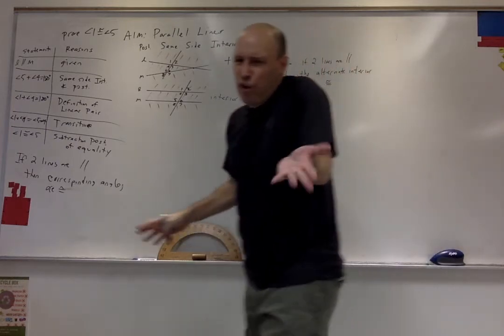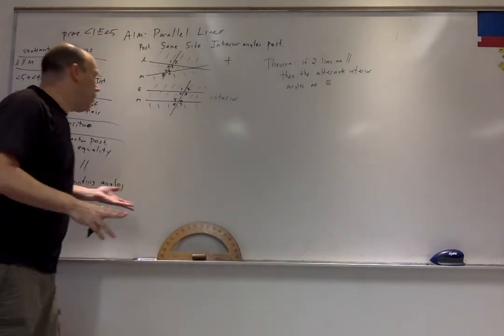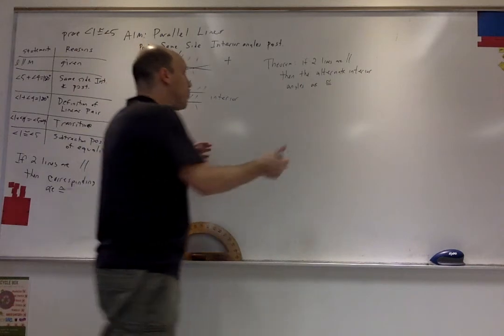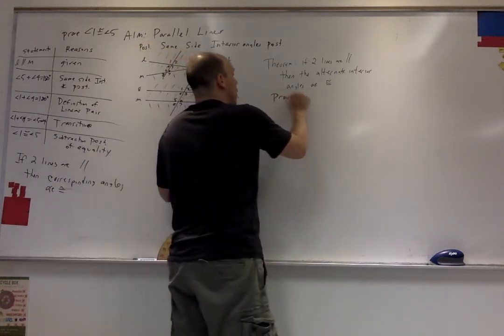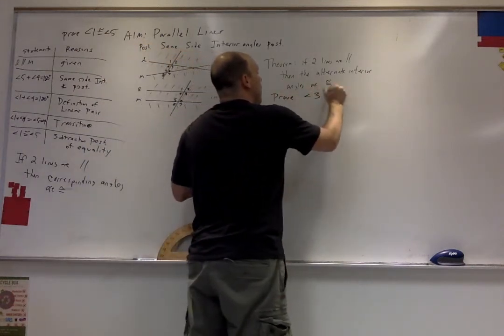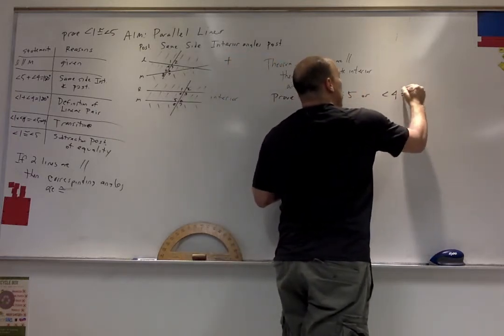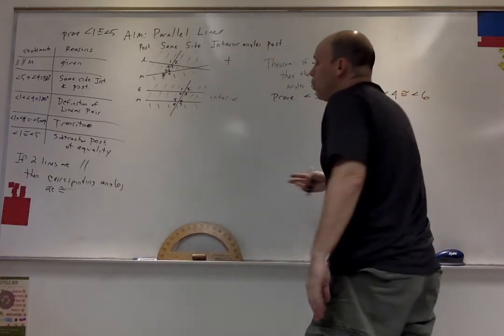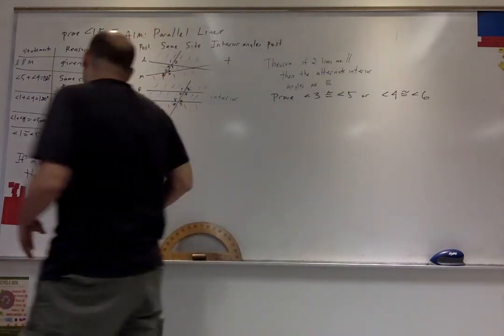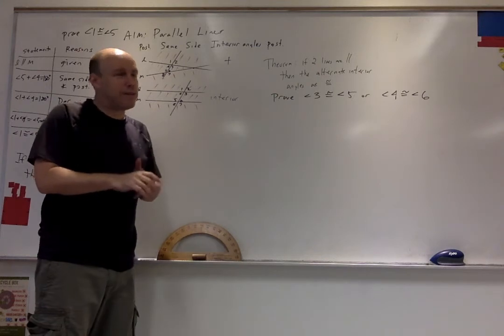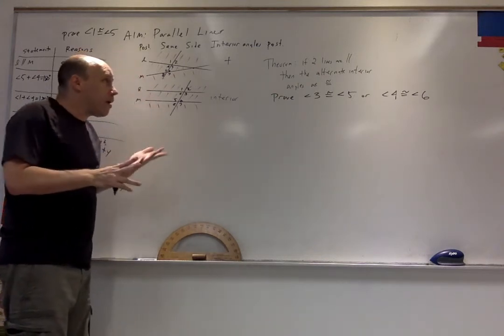As I said before, you did this last year. You're like, Mr. Adler, 3 is congruent to 5. So we need to prove angle 3 is congruent to angle 5, or angle 4 is congruent to angle 6. You can do either one, because if you do one, the other one falls into place.